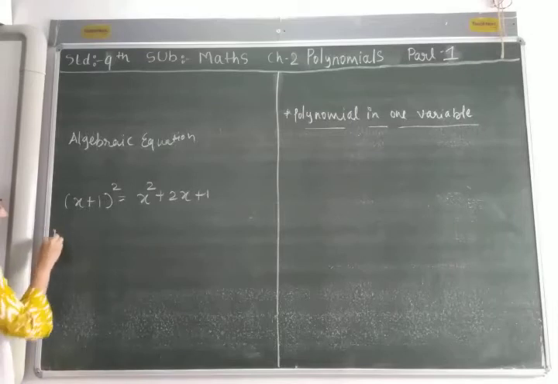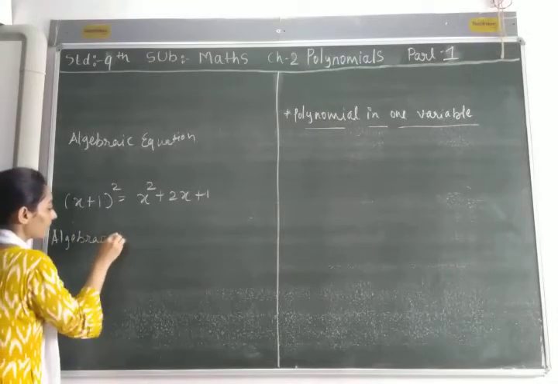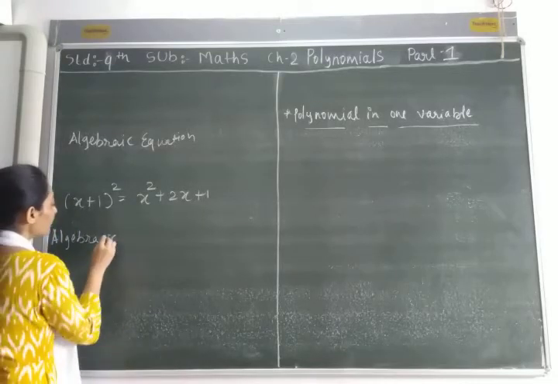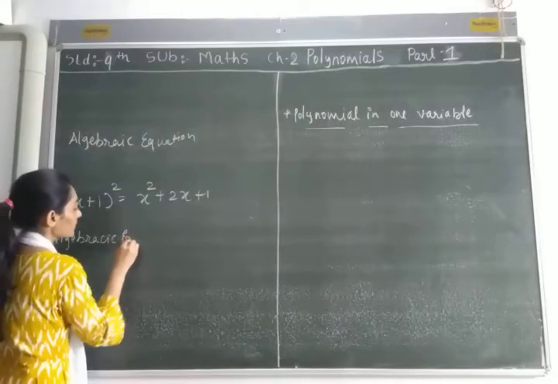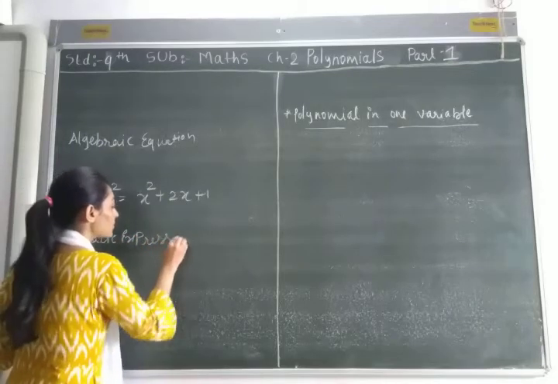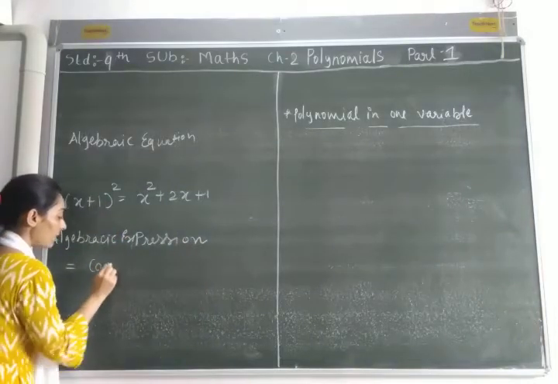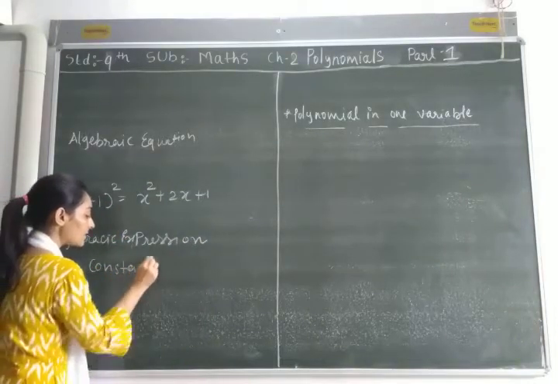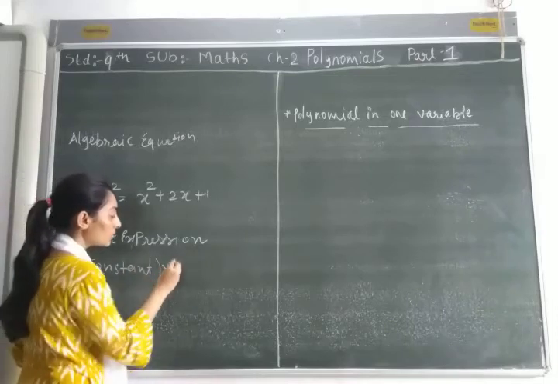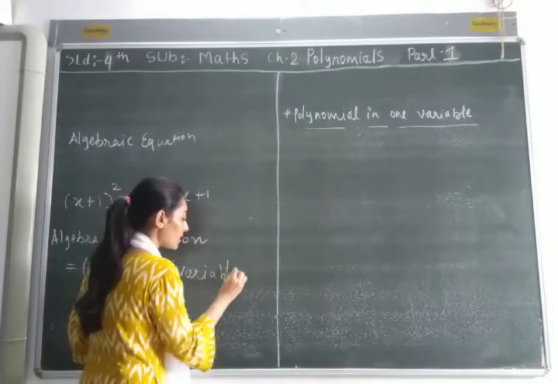Now, so we know that algebraic expressions are nothing but a constant into a variable to the power n.